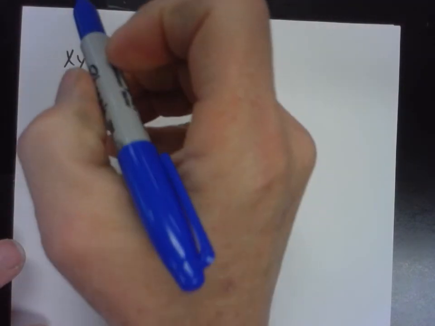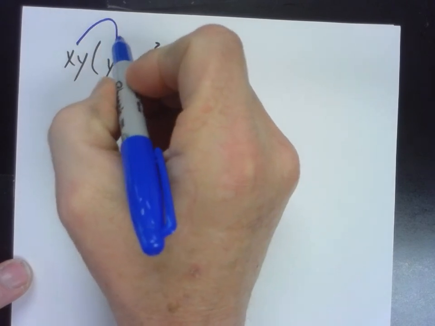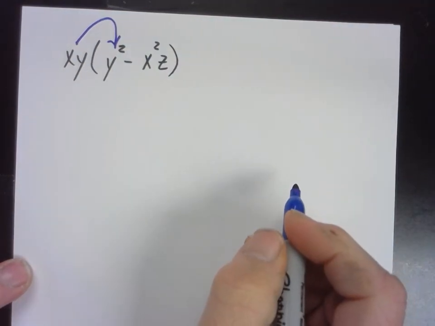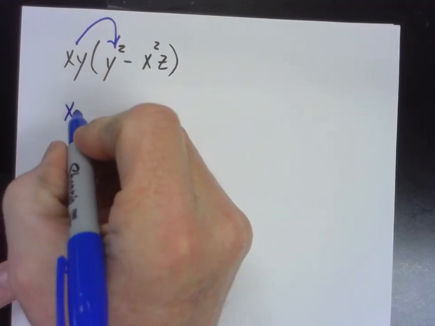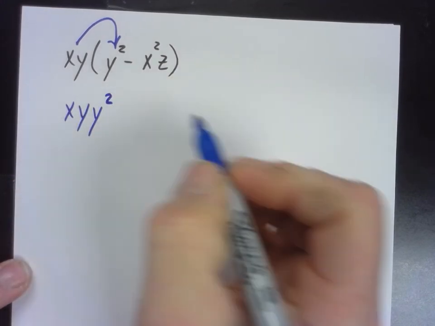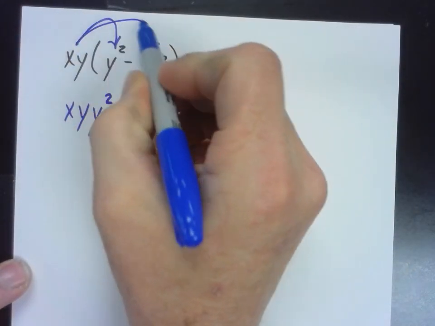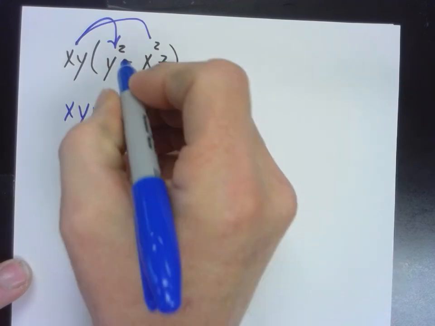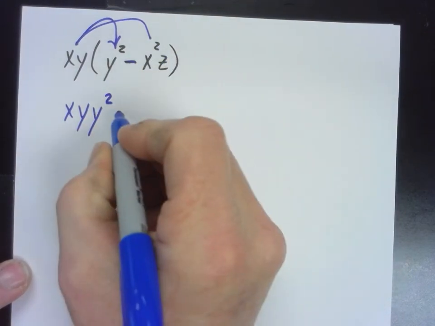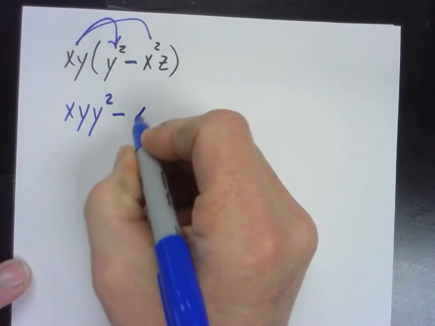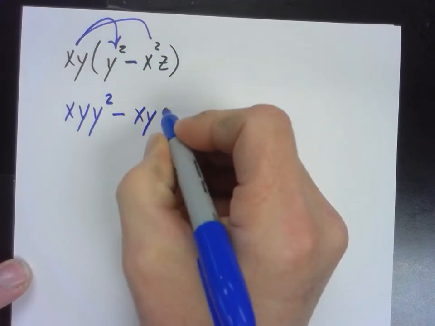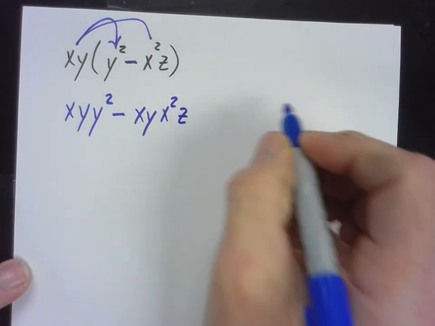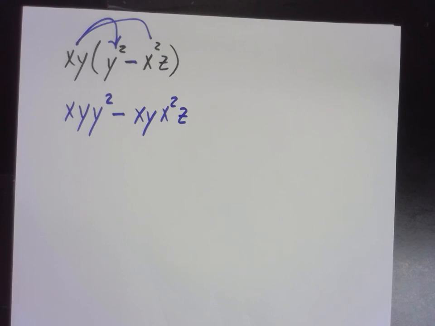We're going to go x times y squared. So we literally have x times y squared. And then we're going to say x times y times x squared times z. Negative x squared times z. So negative x times y times x squared times z. Can we write that in a more simple way?